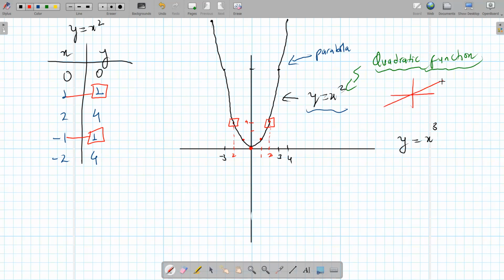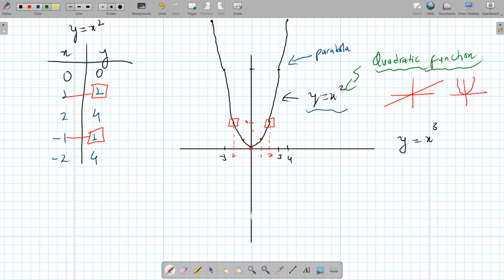Power 1 looked like a line, power 2 looks like a U. It's not going to look like a straight line, that's for sure. Would it go around or something? Kind of. So it looks something like this, which is pretty interesting.